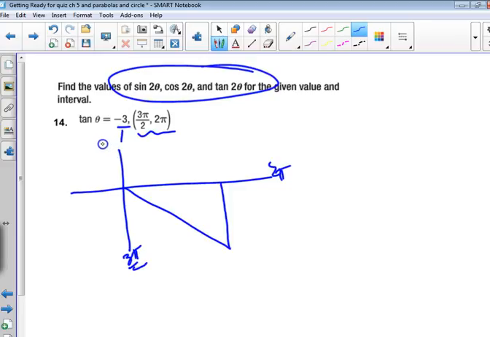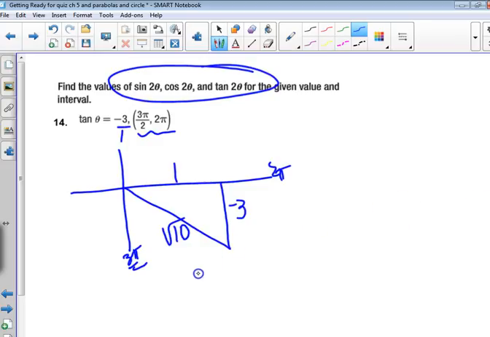Actually, y = −3 and x = 1, which means mine's not to scale, but that's okay. Hypotenuse. How about 10? 1 squared plus −3 squared would be 1 plus 9, square root of 10. We okay? If the 3 was on the hypotenuse, you'd have square root of 2.